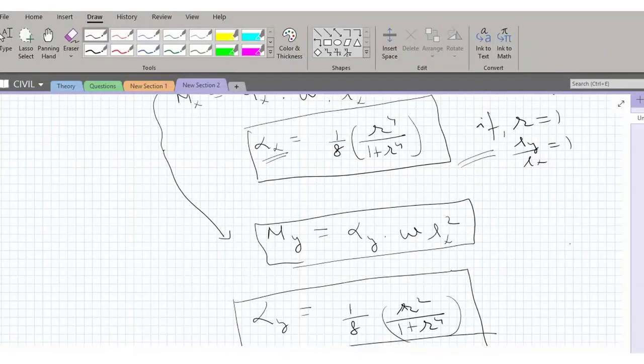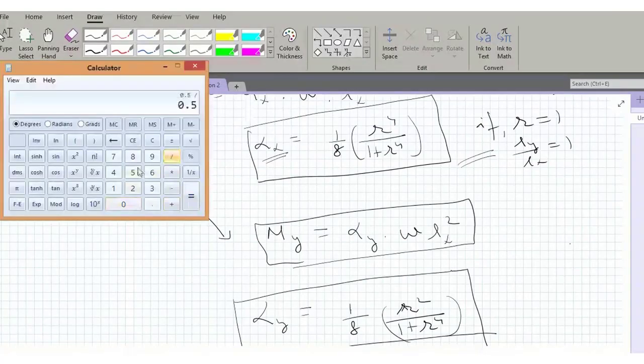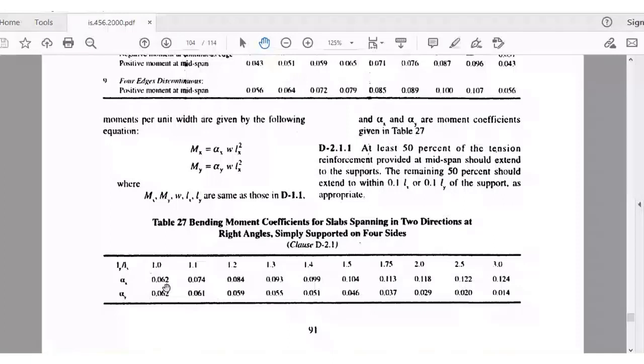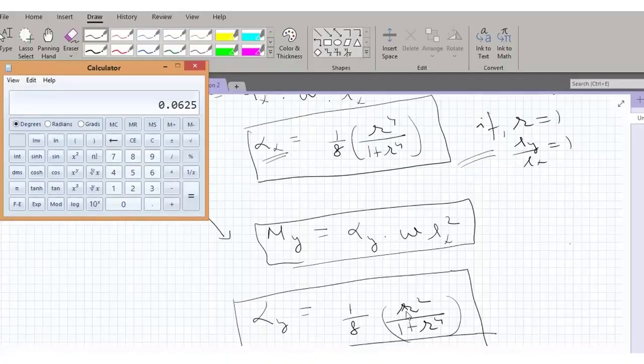Let us check: 1 divided by 2 divided by 8. This is coming 0.0625. So here you see alpha x is 0.062. Similarly, alpha y, you substitute here. You get the same thing, 0.062, if R is 1.